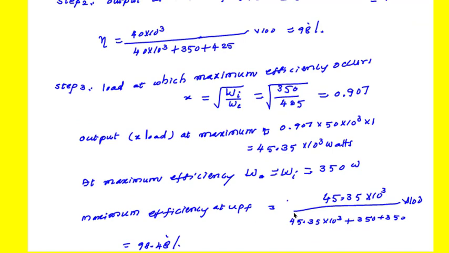We know output at unity power factor and the load corresponding to the maximum efficiency is 45.35 into 10 cube, divided by 45.35 into 10 cube plus iron loss 350 plus copper loss is also 350, because we are calculating efficiency for maximum efficiency. So into 100, this will give us efficiency as 98.48%.